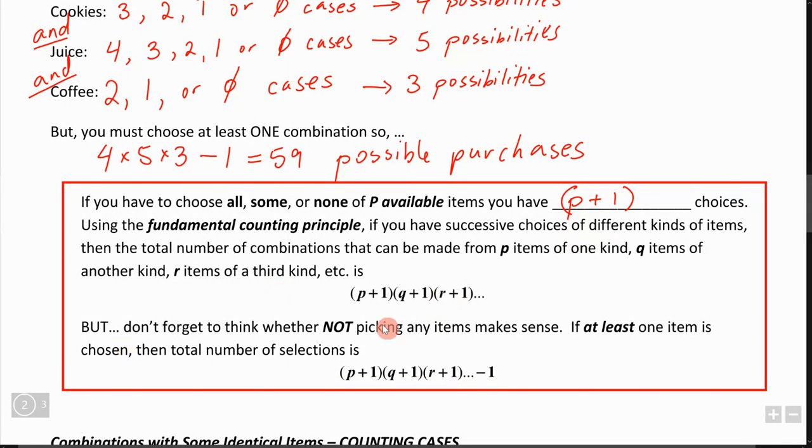Don't forget to think whether or not picking any items makes sense. If at least one item is chosen, then the total number of selections is p plus 1 times q plus 1 times r plus 1, minus 1. Okay?